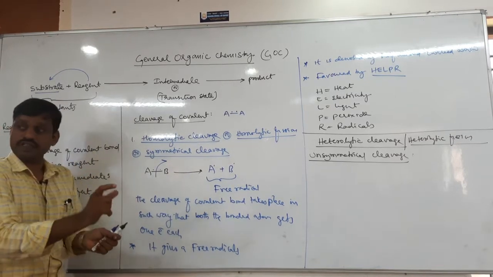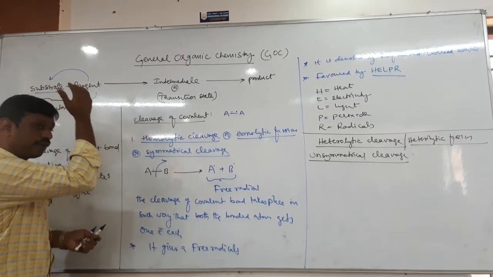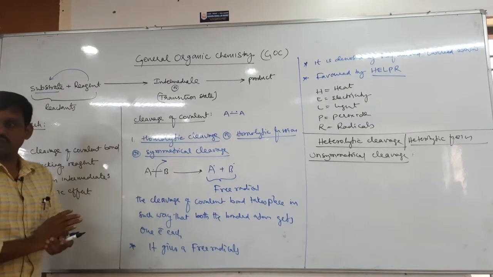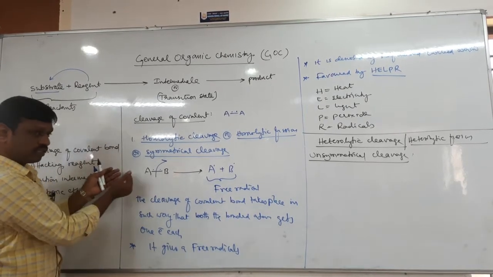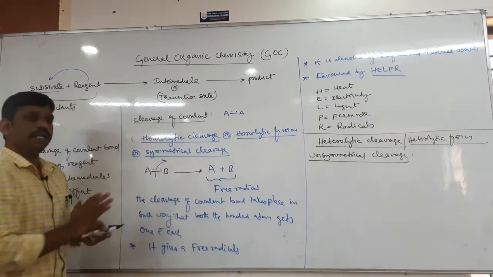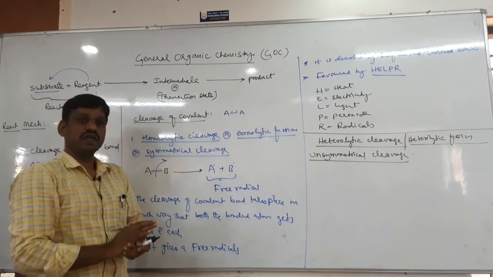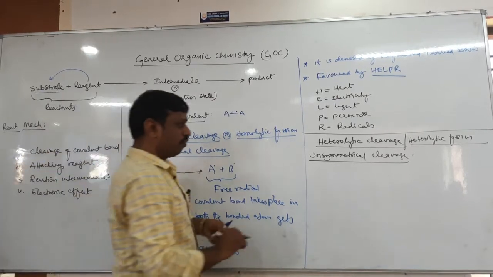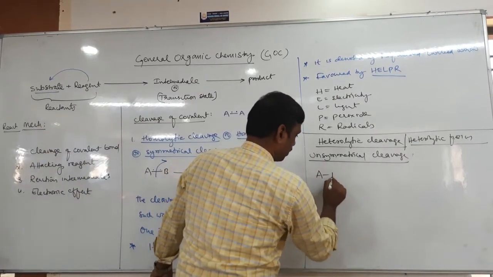If the cleavage takes place exactly in between the two electrons, one electron goes to A and the other to B, so that we get free radicals. But in case of unsymmetrical cleavage, for example, let us take AB.